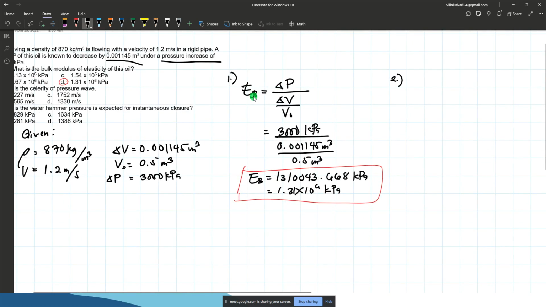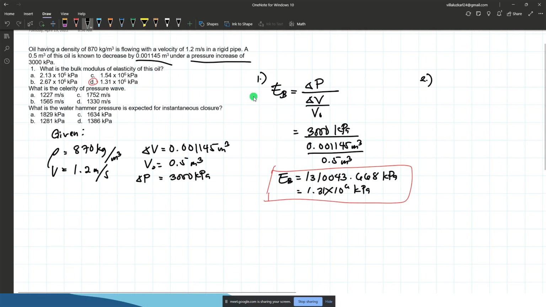Okay, there's no time of closure here, so we can determine that later. But first, we have to determine the celerity. Celerity, this is a rigid pipe. So the celerity is the square root of EV over rho.